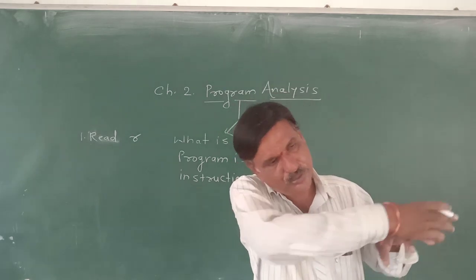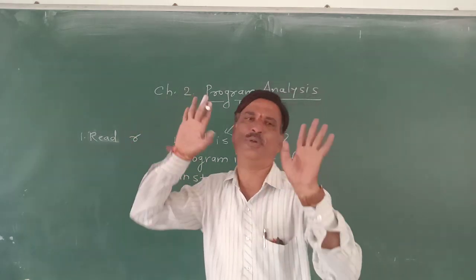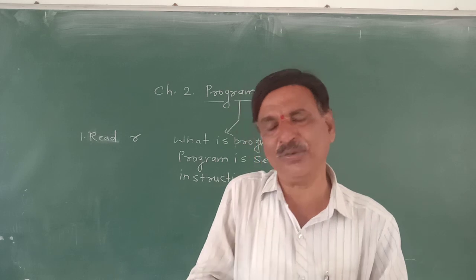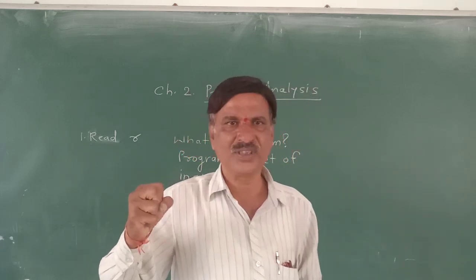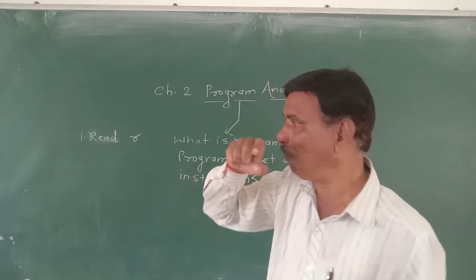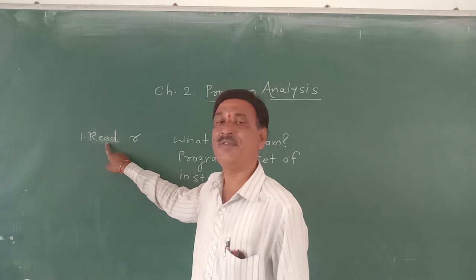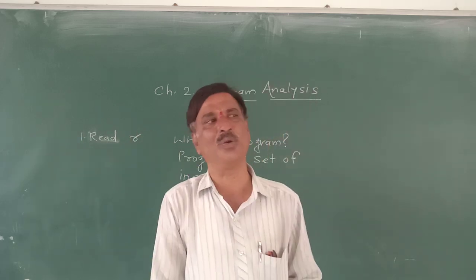Whatever that value is, you just read it, and this is the instruction to the computer. Whatever value is given from the keyboard, that value should be read by the computer. But for that we have to give the instruction. Thus we are giving the instruction, read R.